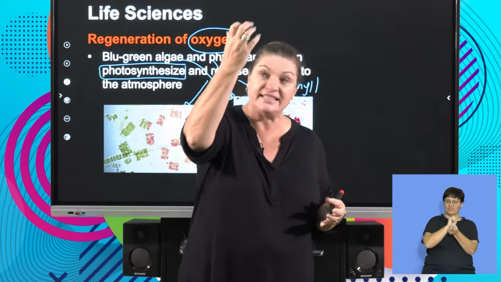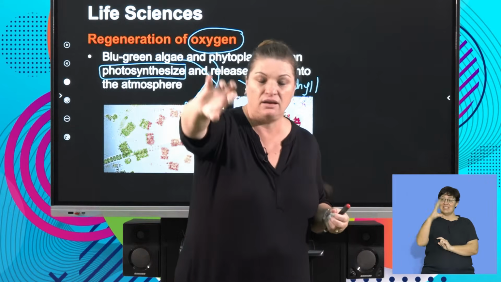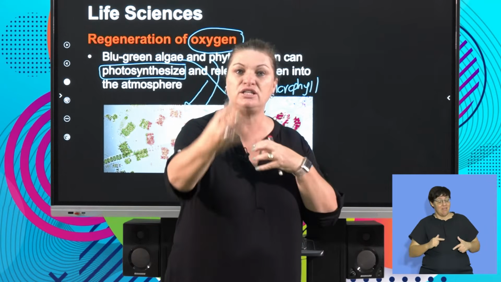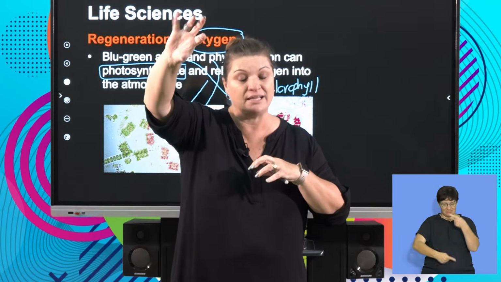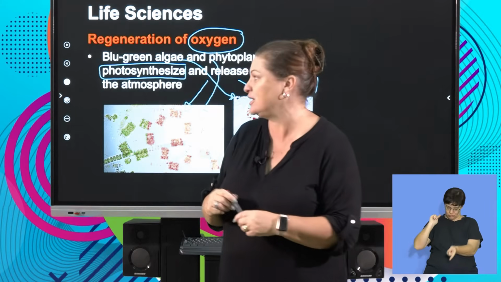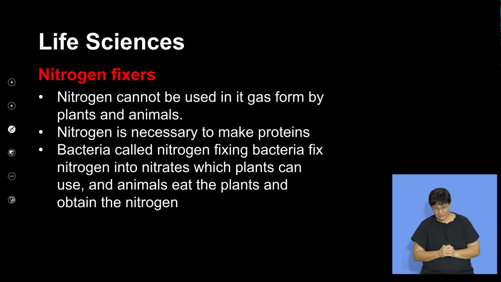They can photosynthesize. And what does that mean? They take in the carbon dioxide and they release oxygen, because all living things need oxygen. So it's a regeneration. We can't make it, but we can produce it. Plants can produce it in a process called photosynthesis.